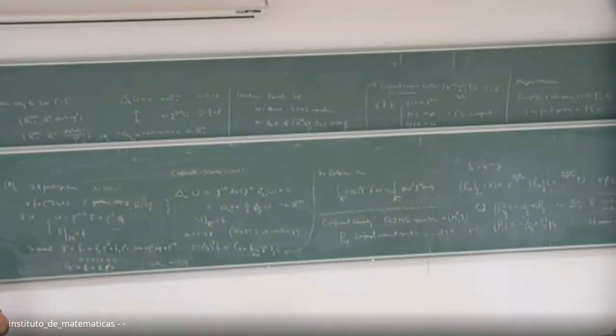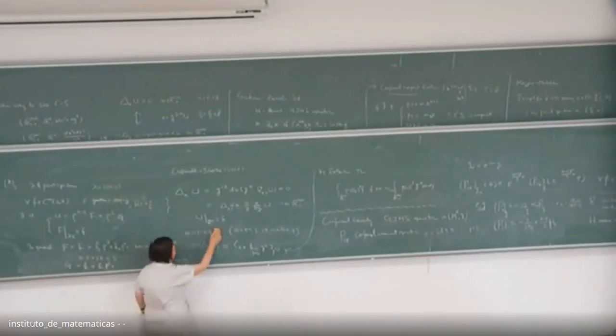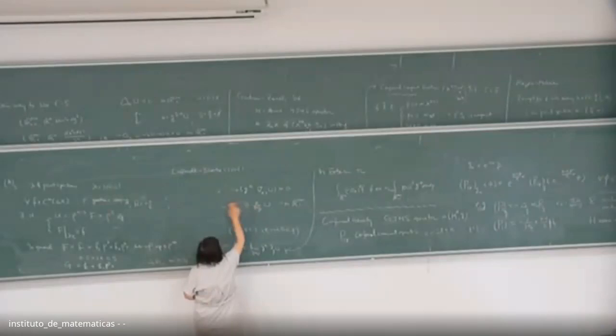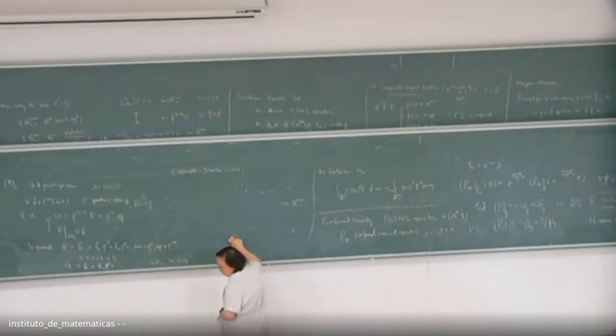Even powers of rho. And this k is what we call the scattering metric. Okay, this is the scattering metric, k.